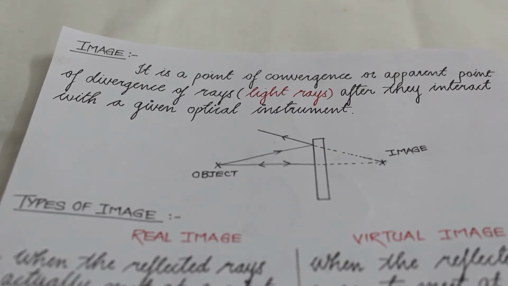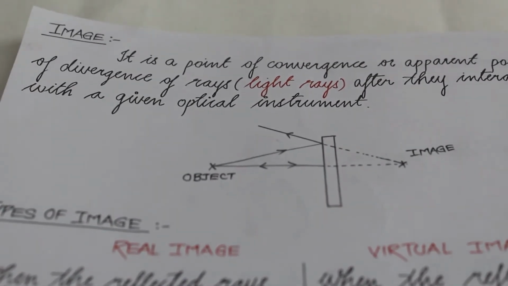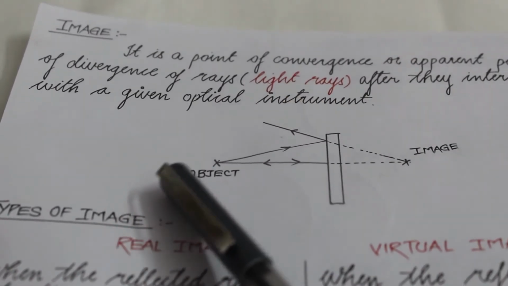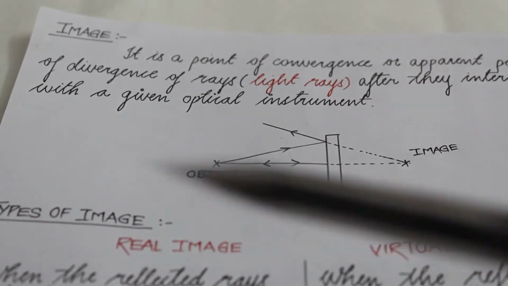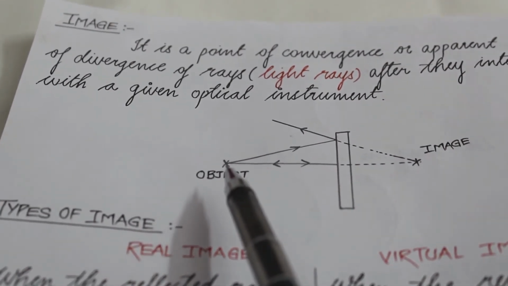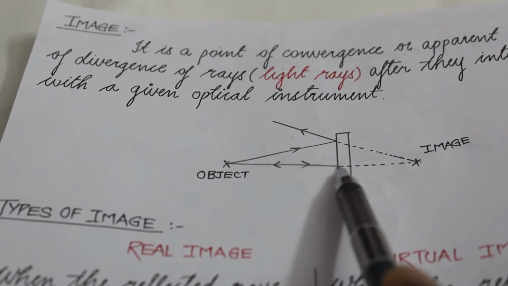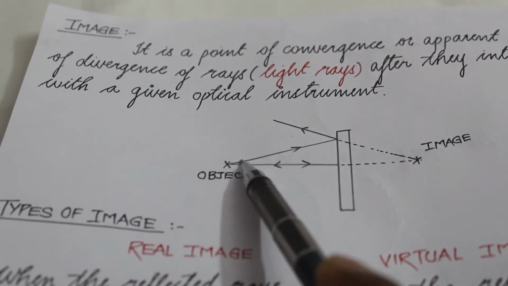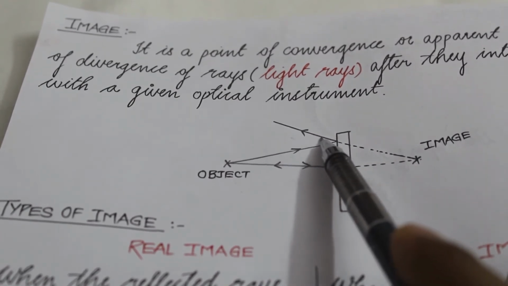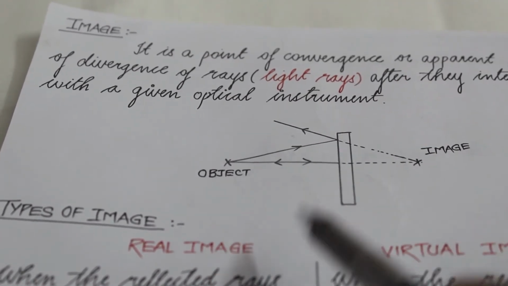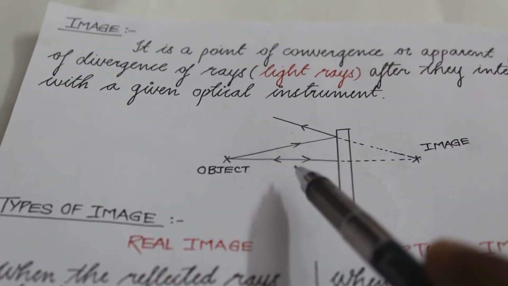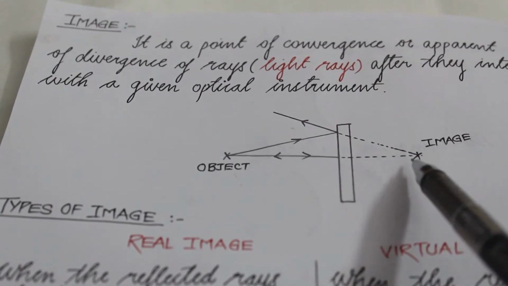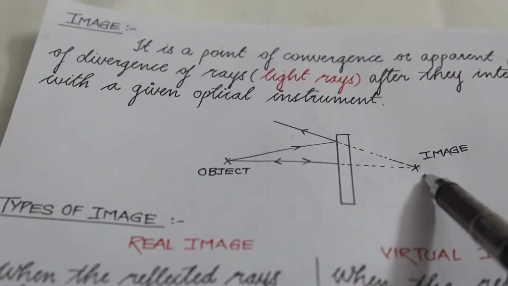Now let us understand this with the help of an example. Let us assume this is a mirror. I kept an object over here. For the object, there are two light rays moving. Let's say this is the first light ray, and it gets reflected back in this direction. And this is the second incident ray, which got reflected back in this direction. Even though the reflected rays are not meeting, if we produce them behind the mirror, they appear to meet at a point.